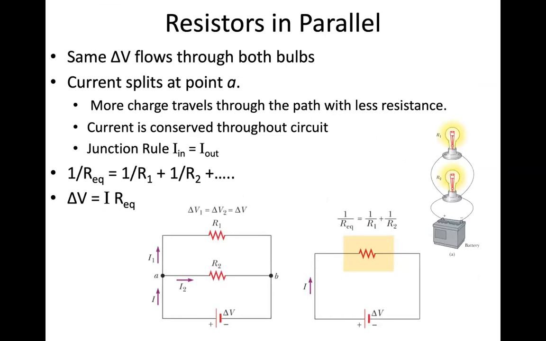To test for parallel, what I do is I say, okay, let's look at each one of my elements. Let's start with resistor 1. Resistor 1 has a left side and a right side. Resistor 2 has a left side and a right side.